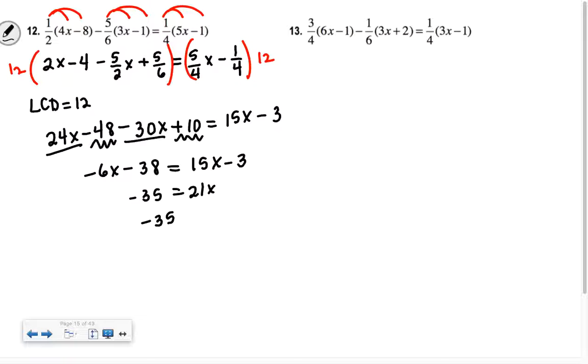So negative 35 over 21 is kind of our answer. They're both divisible by 7, though, so we get negative 5 over 3, exactly. Okay, so you can do the problem that way. That's usually what most of my Algebra 2 students like. They like to distribute first and then clear. Or you could clear originally.